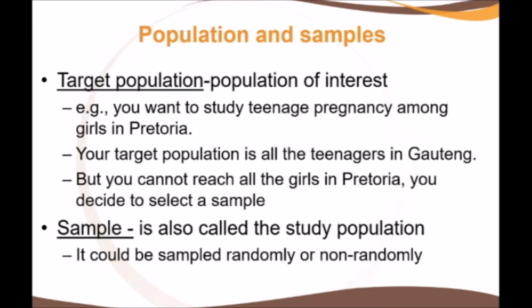Your target population is all the girls in Pretoria. But because you cannot reach all the girls in Pretoria, you are then going to select a sample that's representative of the girls, and then you're going to study that sample. So that sample now becomes your study population.